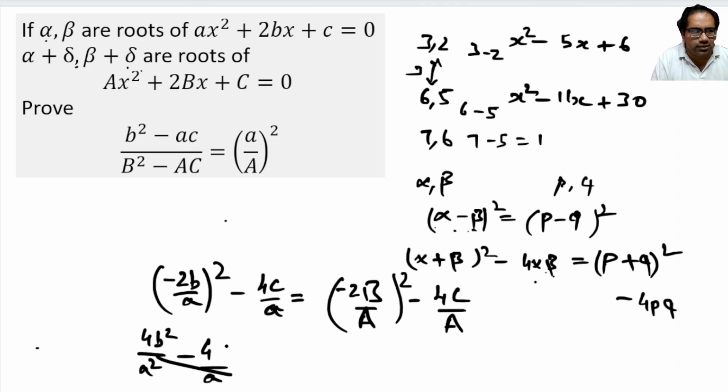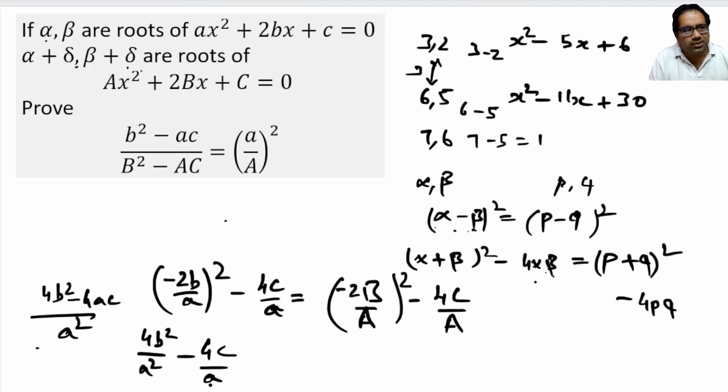So this one will become 4b square minus 4ac by a square. This is the left hand side. Similarly, the right hand side is equal to 4 capital B square minus 4 capital A capital C by capital A square.